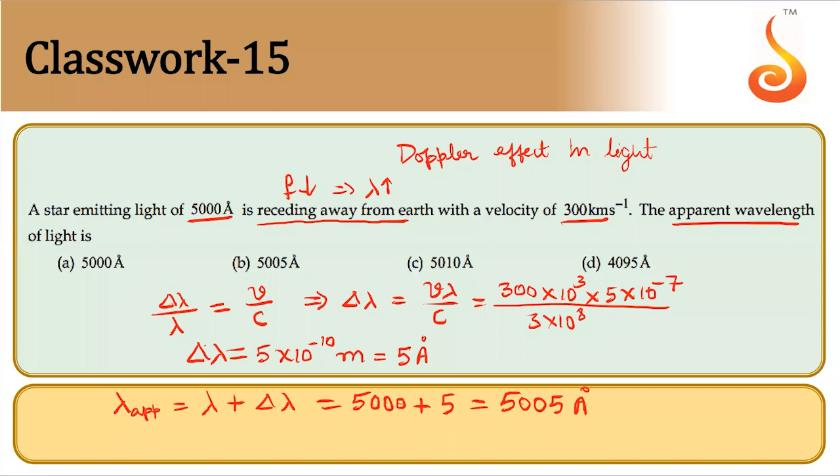That is option B. If it is coming towards you, then wavelength decreases, and the answer would have been option D, 5000 minus 5. Here it is receding away, so wavelength should increase.